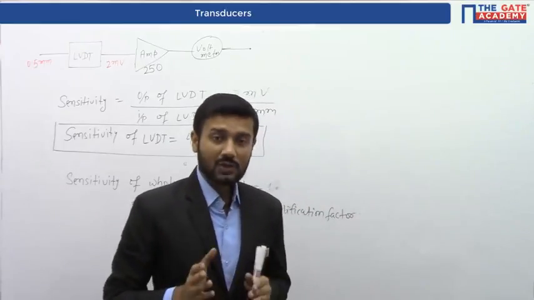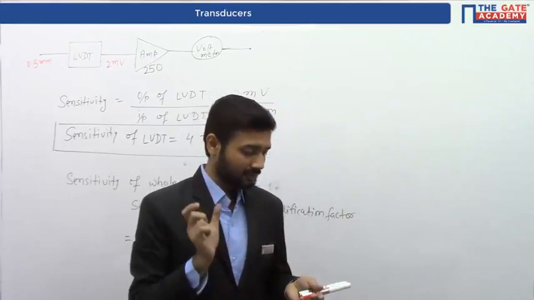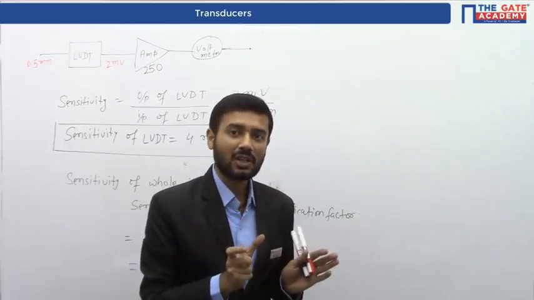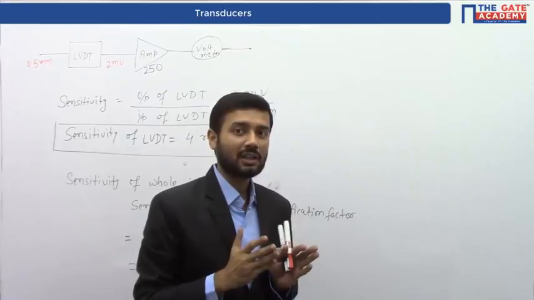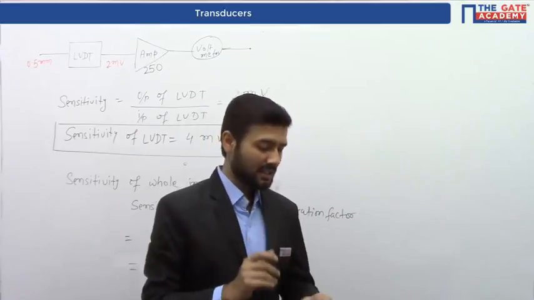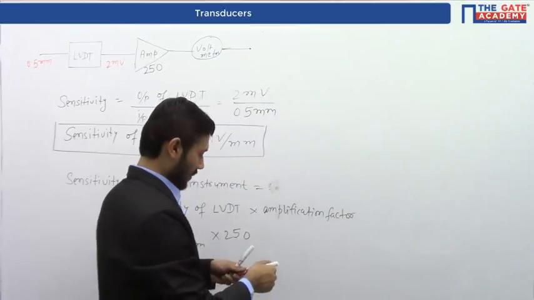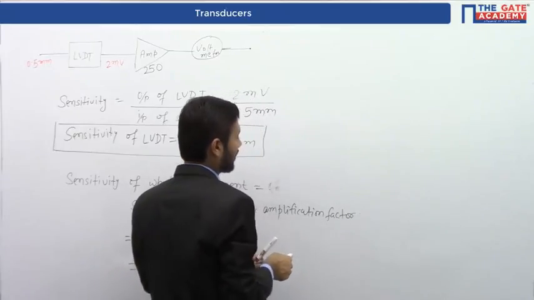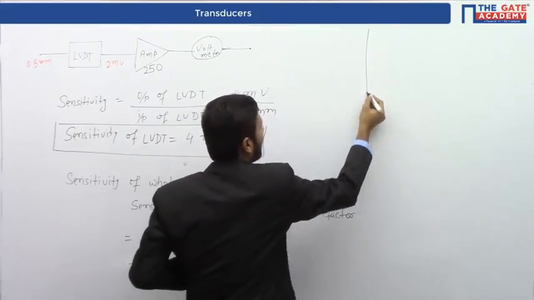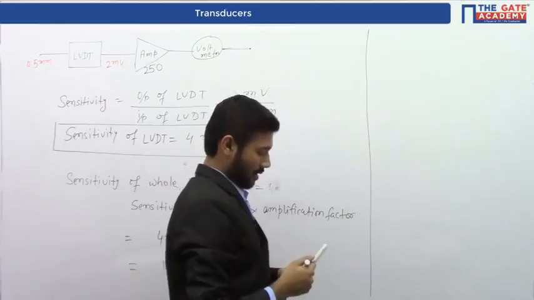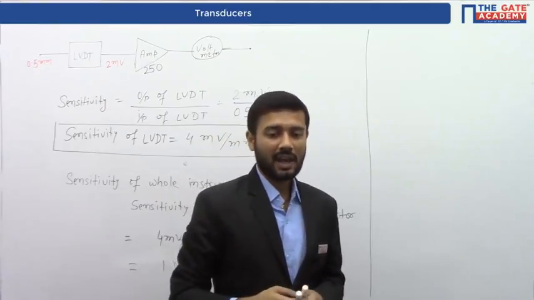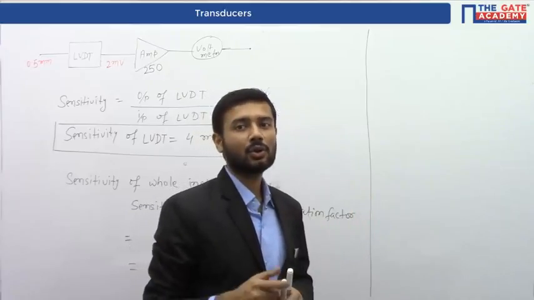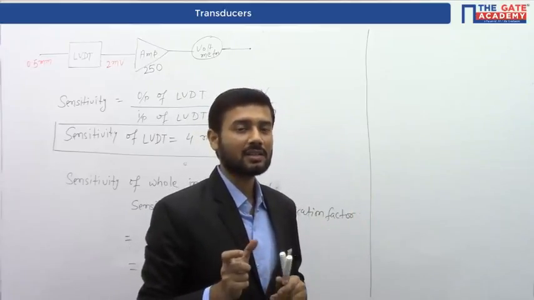Now the third task is to find the resolution of the instrument. The resolution in the minimum range is related to the sensitivity. So we have to first find the resolution of our voltmeter.